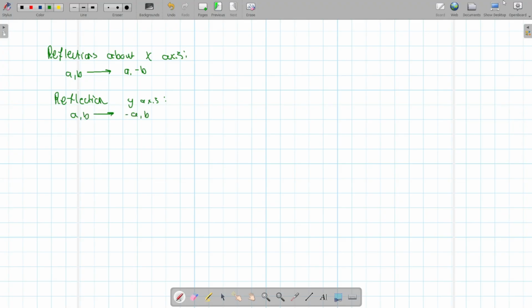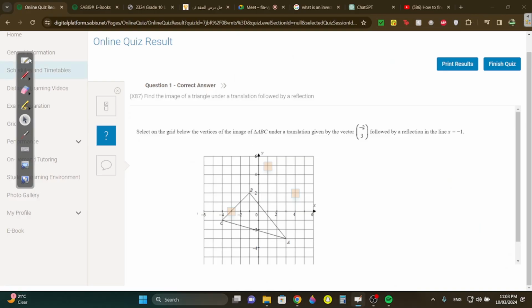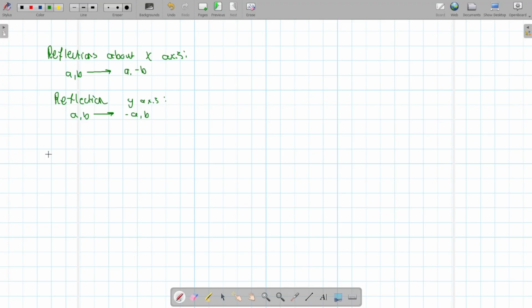These are easy. The next one is reflection about vertical lines and horizontal lines. Reflection about a vertical line. And to help understand this, I'll draw it for you. Okay, so let's say this is the y-axis and this is the x-axis.